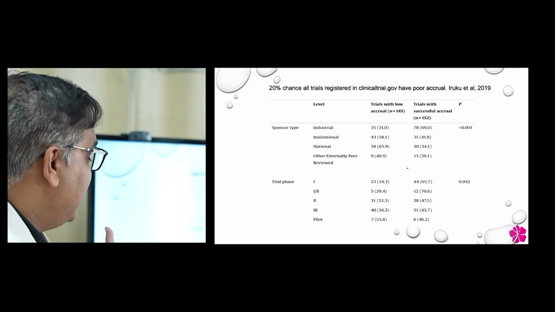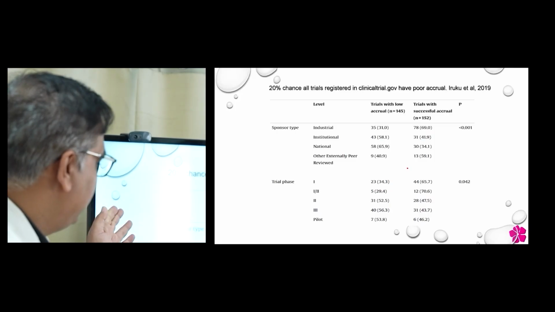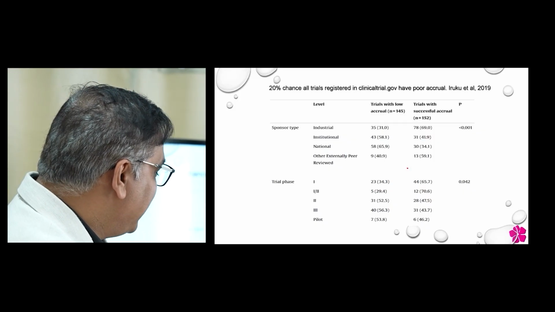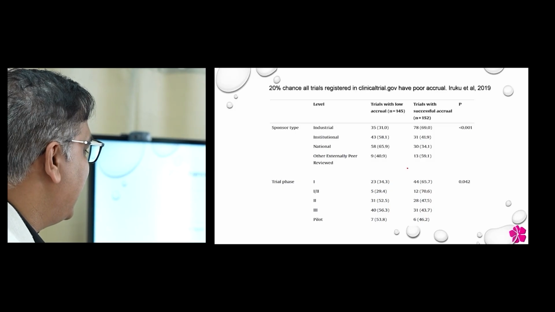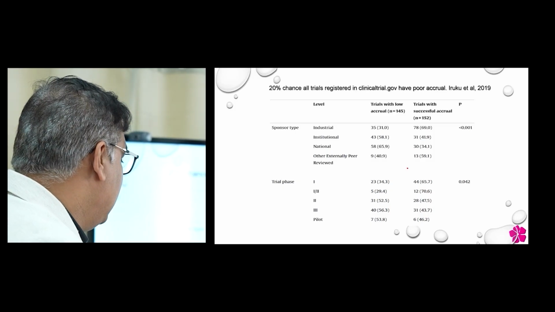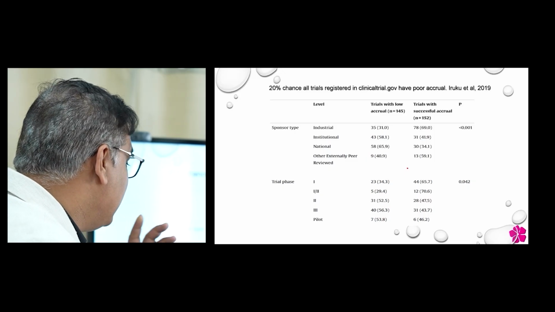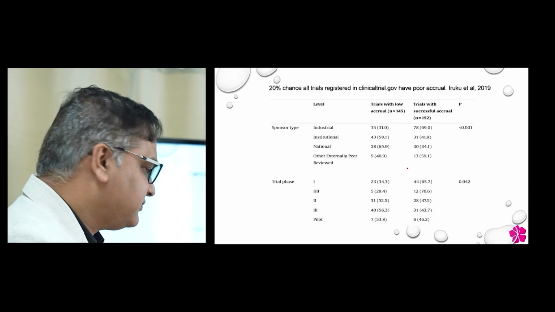They looked at which trials faced poor accrual. By sponsor type, industrial trials have the best accrual compared to institutional, national, or externally peer-reviewed. By trial phase, phase 1 has the best accrual and phase 3 has the poorest accrual.